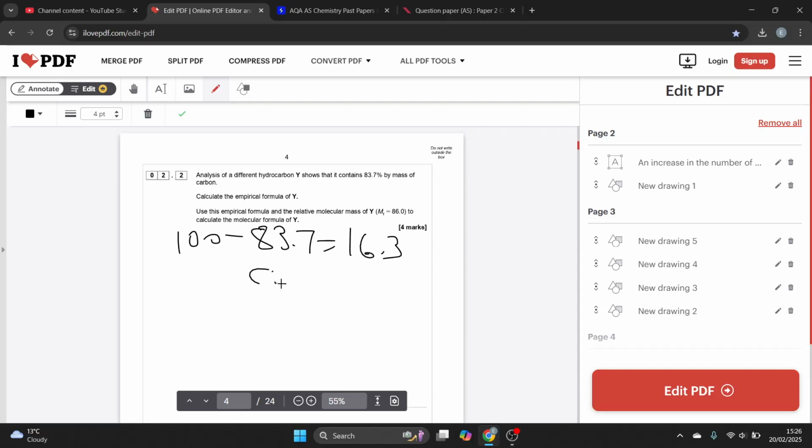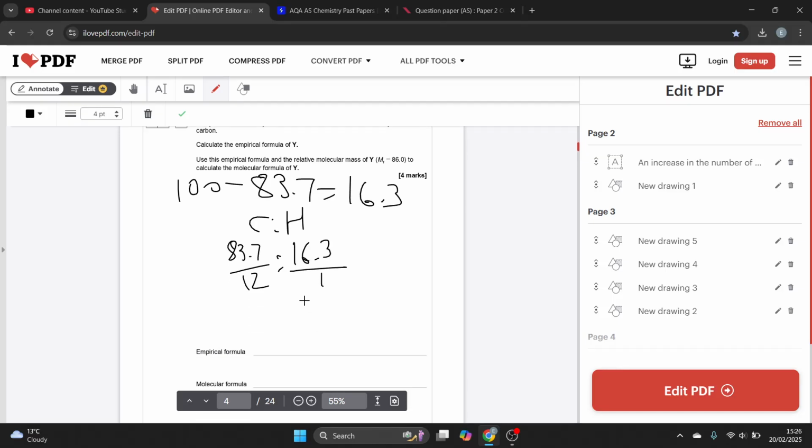Therefore, I can do carbon to hydrogen: 83.7 divided by 12 to 16.3 divided by 1. That's 6.975 to 16.3. Divided by the smallest molar ratio, 6.975, I get 1 to 16.3 divided by 6.975.